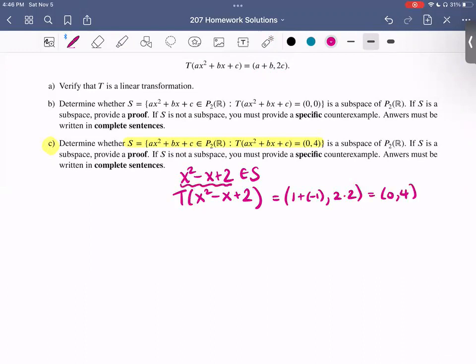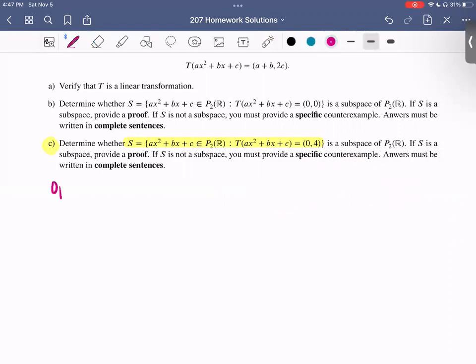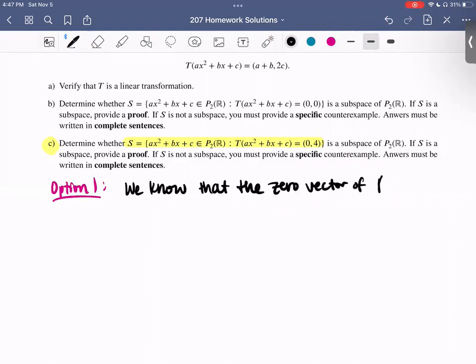Because we're going to show that this is not a subspace, we can show specific counterexamples, and that's enough. Here are some different options. Option one is to show that the zero vector is not in here. We know that the zero vector of P2 of R is z of x equals 0, which is the same as 0 times x squared plus 0 times x plus 0.